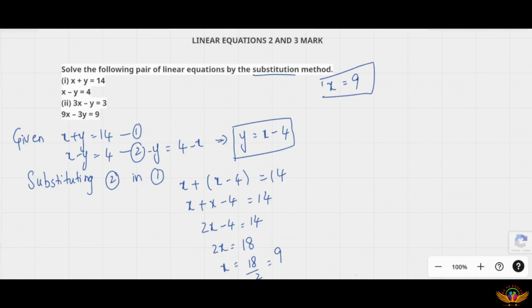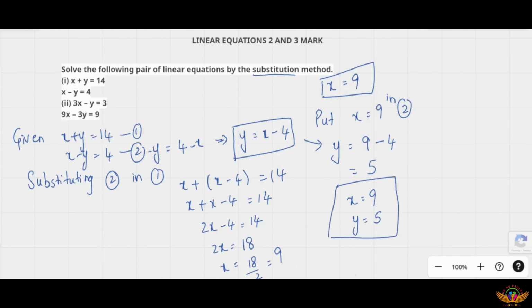Put the x value in equation number 2; you can go with the first or second equation, and I'm going with the second. y is equal to 9 minus 4, which is 5. So x is equal to 9 and y equal to 5. This is our solution by substitution method. I request you to solve the second question exactly like this.